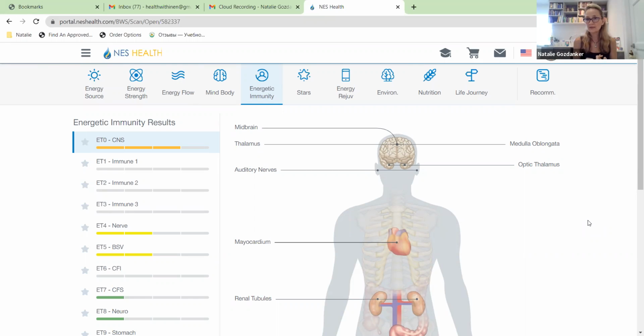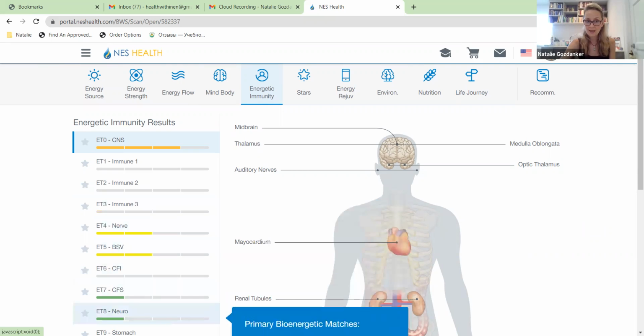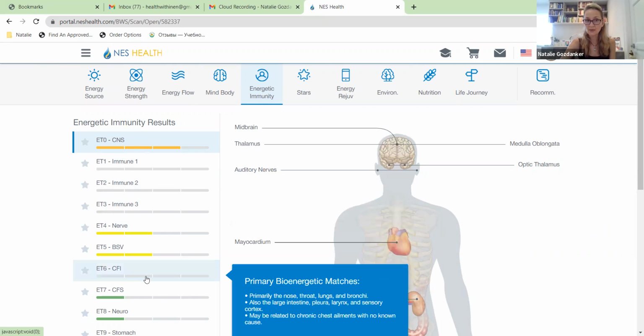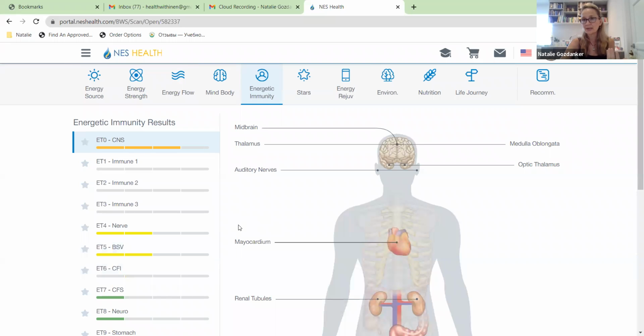The body could be healing from lack of nutrition, let's say, not enough energy, geopathic stress, and so on. So each one of those parameters on the scan shows the organ or organs it affiliates with, and the pathogens or triggers that trigger the body to initiate a healing response.